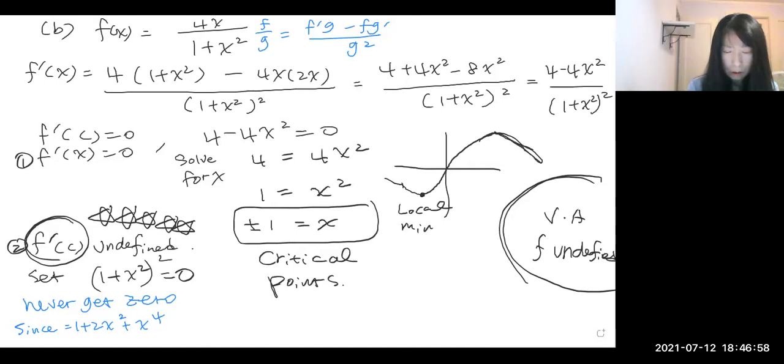And then this is the local maximum. Okay? All right, let me erase this one. We have another theorem, and we're going to use this one for the next section.